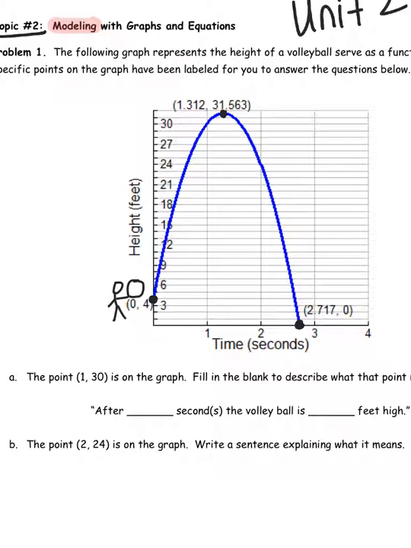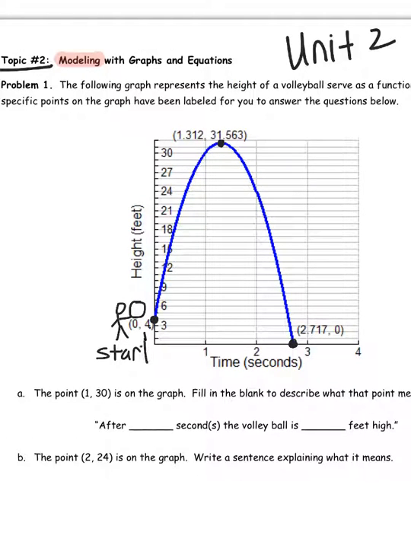Okay, so again, this is where we start. I'm going to write the word start here. And then the volleyball leaves the hands of the person serving, goes up, and eventually comes back down. And we're going to talk about why these points are so important: the start, the top, and the end.